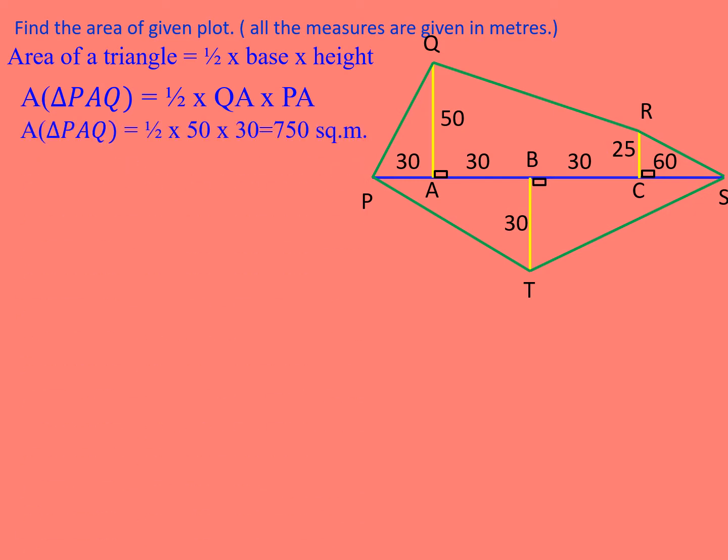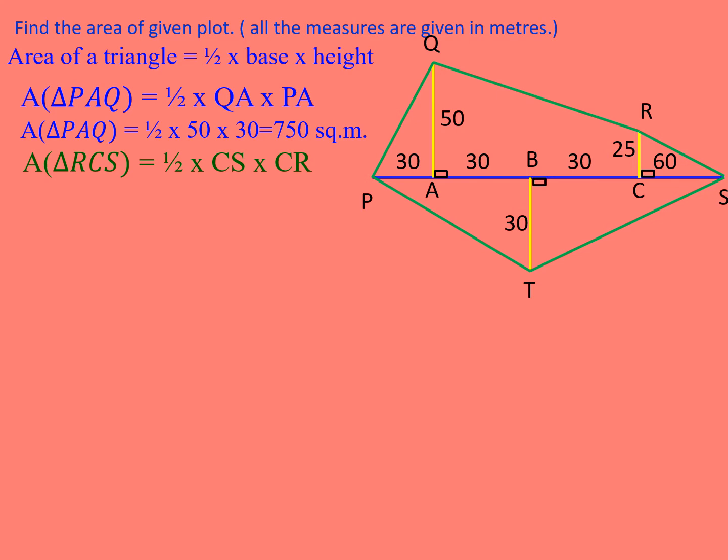We have area of triangle PAQ equals half into QA is height, so 50, and PA is base, so 30. When we multiply and simplify, we get 750 square meter. So area of triangle PAQ equals 750 square meter. Next is triangle RCS.